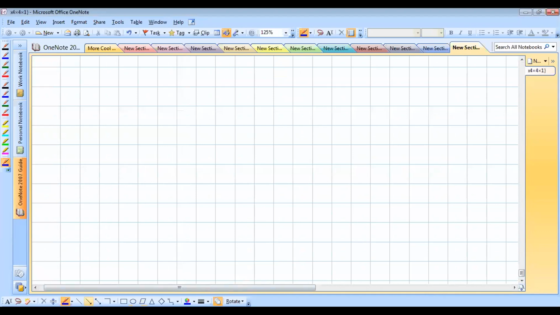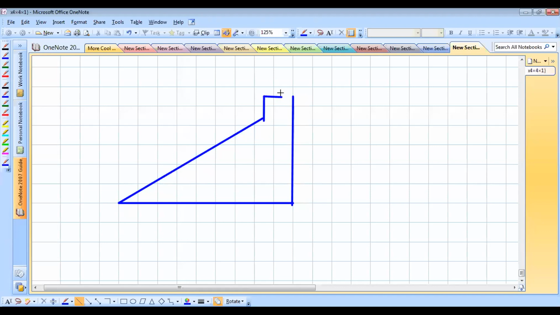Okay, so the surface, the ground is also frictionless.